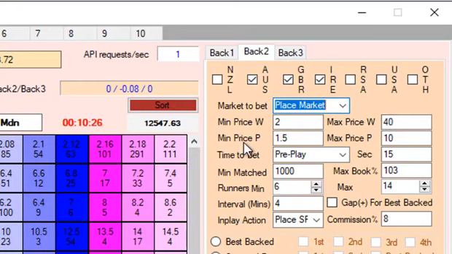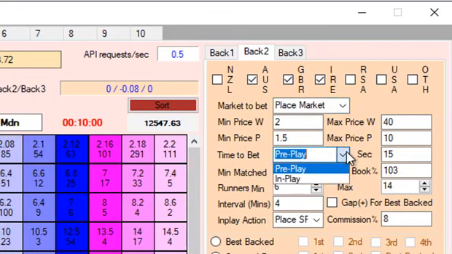But if you're in the place market, then before it places the place bet, it will make sure that the bet is satisfactory to this ratio here, in between the 1.5 and 10 that I have here. So on this bet 2, back 2, if a horse's place price is not between 1.5 and 10, then this bot won't bet on that horse in this race.